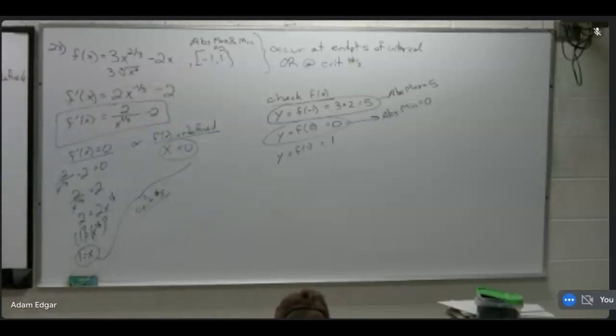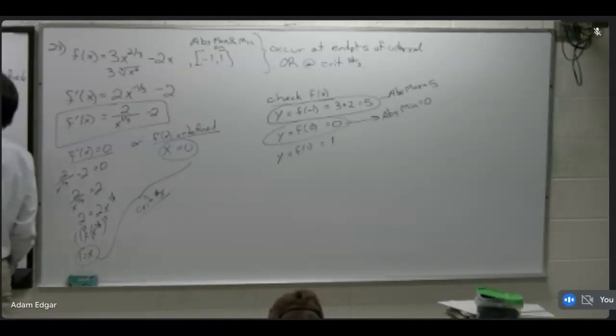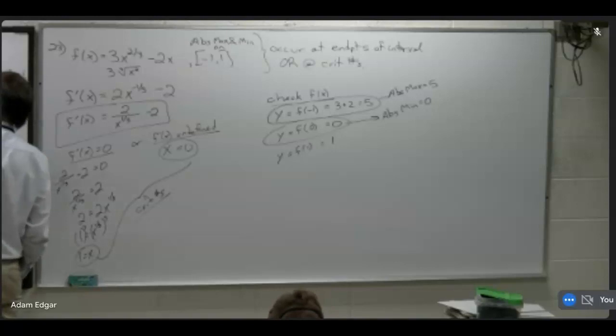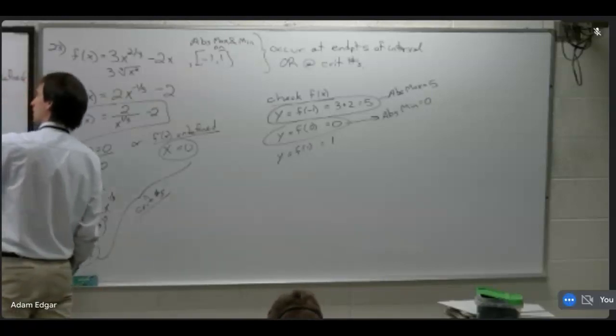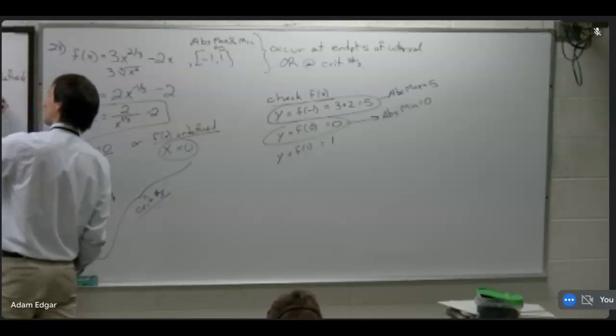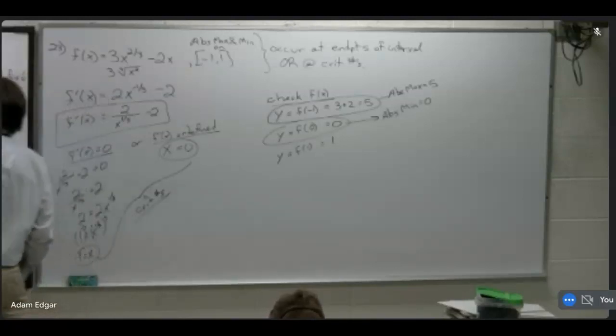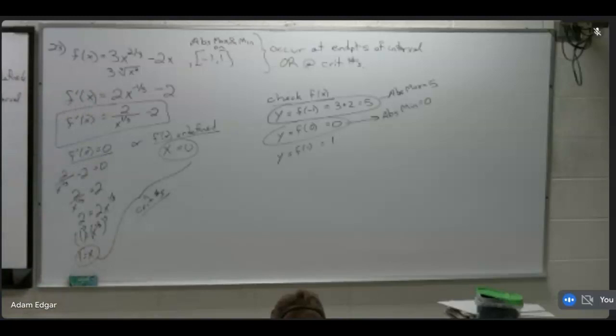Second, a function must have an absolute max and an absolute min on a closed interval if the function is continuous.